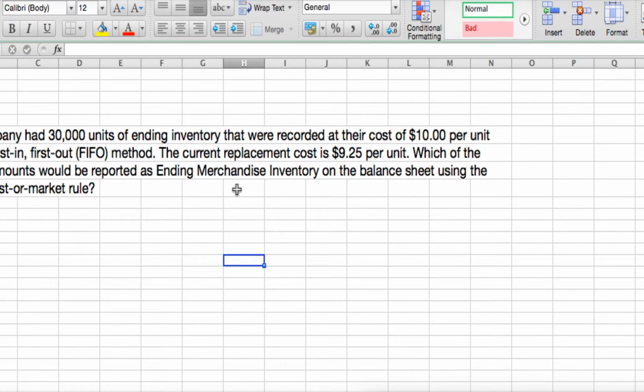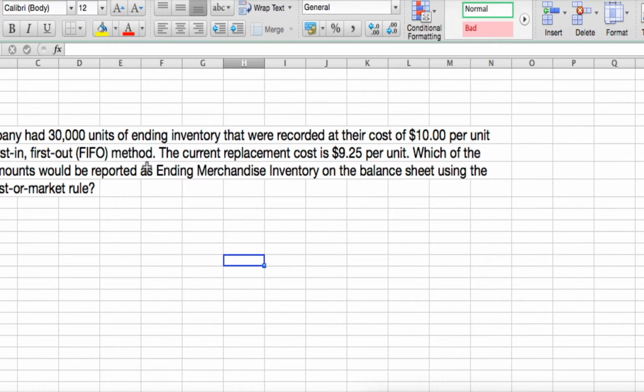Okay, so using the lower of cost or market rule, which just says that if the current replacement cost of my inventory happens to be less than what I have it recorded on my books as costing the company, I should use this lower value. And that basically goes just to the conservatism principle in accounting, because if you look at where inventory is recorded, it is recorded as an asset because it is something that will give you value in the future.